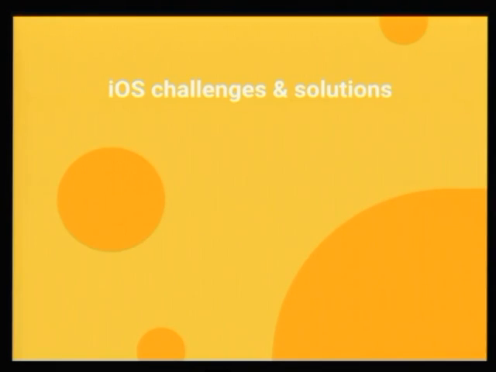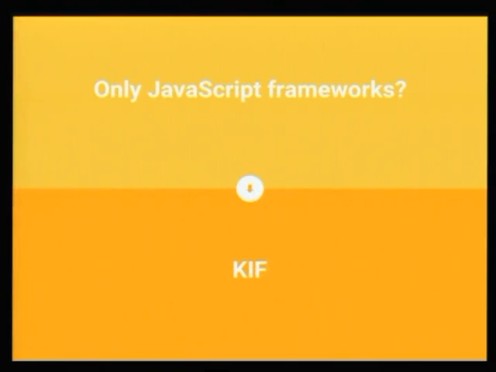So the first is that if you want to write functional tests, by default there's UI Automation, which runs functional tests written in JavaScript. Some of you might like JavaScript. I'm not a JavaScript fan, and I want the code that is testing the application written in something like Java or Objective-C or Swift.